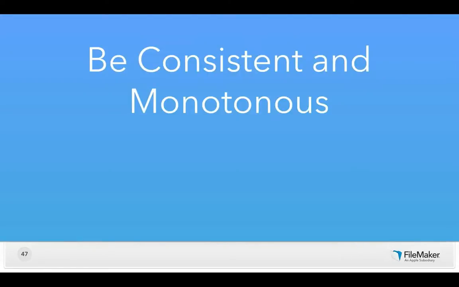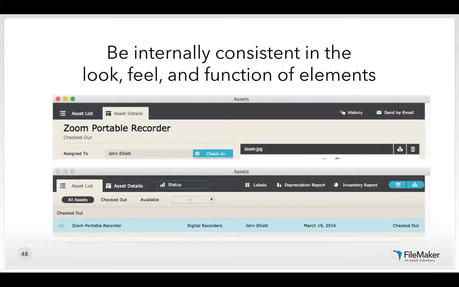Be consistent and monotonous. A consistent interface is one where each instance of a button or an element that serves the same function as one presented prior is styled and formatted in the same way. So you want to be internally consistent in the look, feel, and function of elements. Now, by internally consistent, I mean consistent within a particular platform.